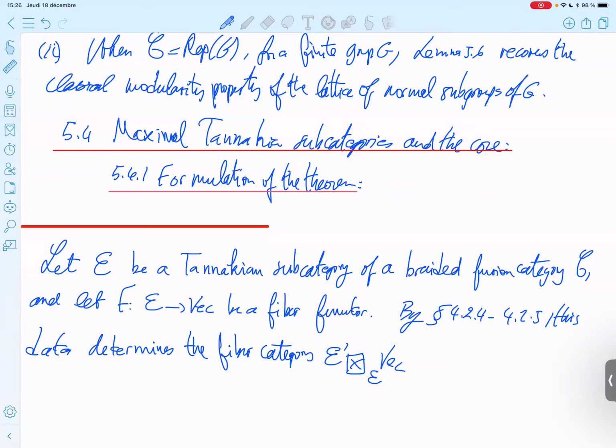So the de-equivariantization of E prime, which is a braided fusion category equipped with an action of the group.